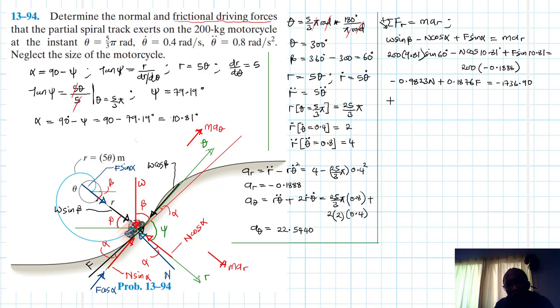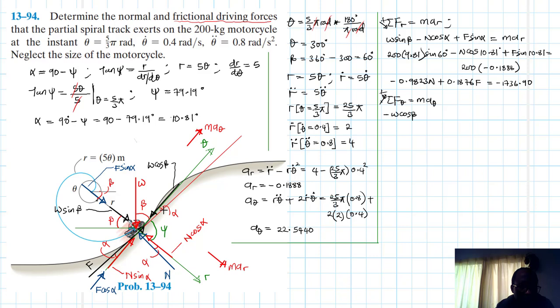Okay, so let's work out the other one. So it says summation of forces in the theta direction equal to m a theta going up in our reference. So what do we have? W, where is W? So it's minus W cos beta, and then N. I want them to be in that order.